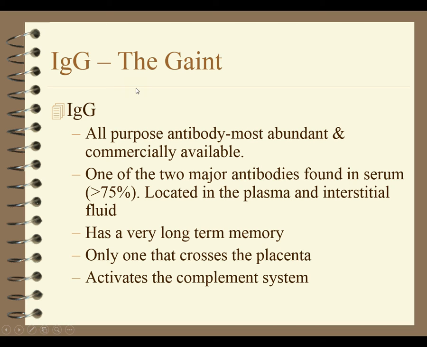IgG, the giant. This is our all-purpose antibody. It's our most abundant. It's the one that's commercially available, so when we give infusions of immune globulin, we're primarily giving IgG. It is one of the 2 major antibodies found in the serum. Greater than 75% is just IgG. It has very long-term memory and is the only one that crosses the placenta.